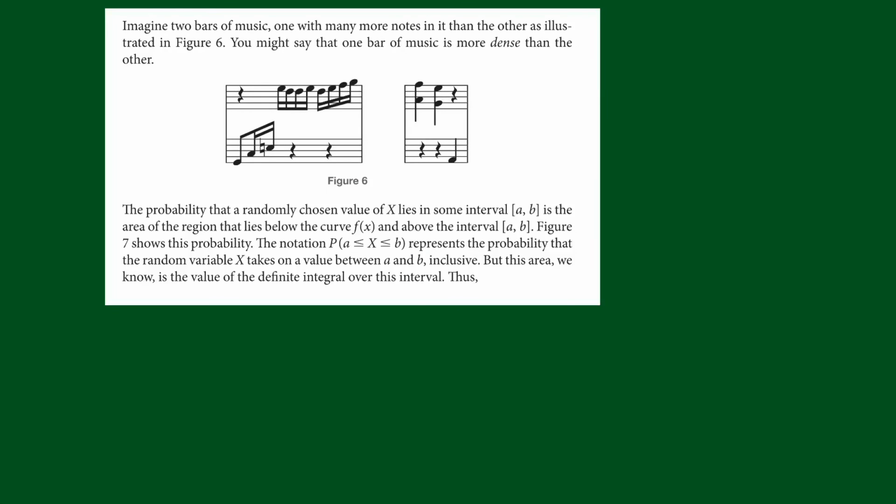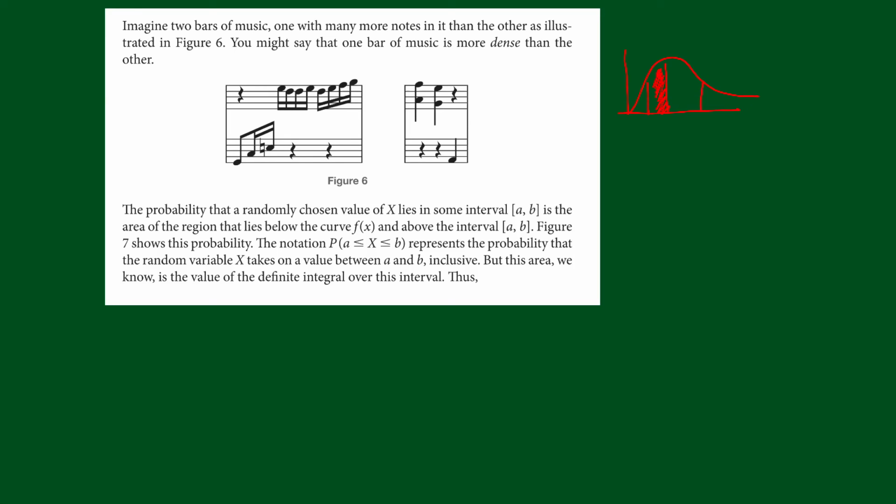To get a better feel for this idea of density, imagine you have 2 bars of music. Say we've got this bar and this bar. Now, this one has many more notes in it than does this one. So you might say that 1 bar of music is more dense than another. And then what we had in that last picture, I'll try to draw it over here. We had this function here, and then we had this interval of length 1 with that much probability.